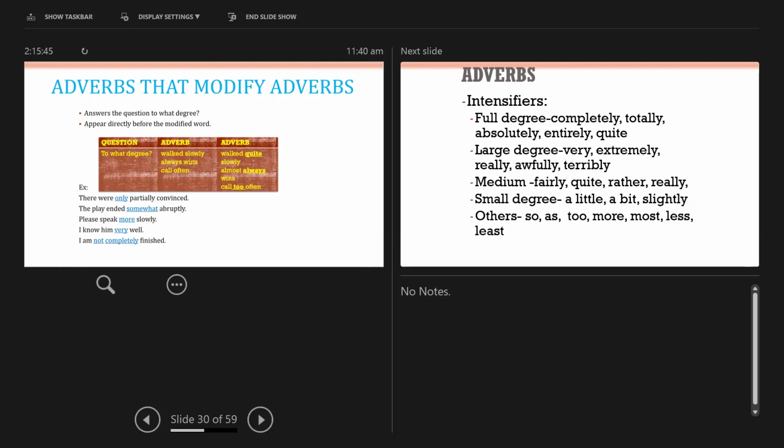The example given here says 'there were only partially convinced,' but it should actually be 'they.' Not 'there,' okay? The example written here is wrong. They were only partially convinced. The play ended somewhat abruptly.